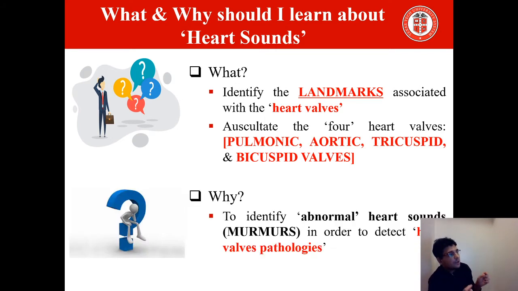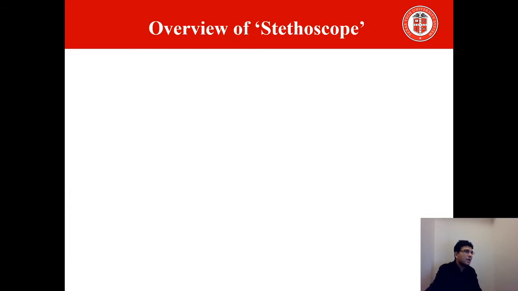Once you are able to auscultate these heart sounds normally, this will help you to differentiate between the abnormal heart sounds which occur when our heart valves are not working properly and are associated with some kind of pathology, whether it is regurgitation, a blockade, or a stenosis.